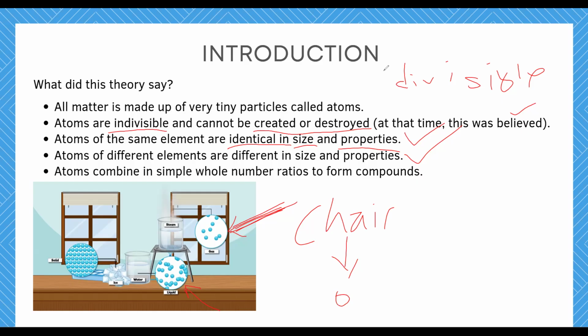Let's say this is the atom that makes up the chair. Give me another example of any matter you know. Pencil. Pencil, very good. If I take one atom from this pencil and I take another atom from the chair, the atom of the pencil is going to be different from the atom of the chair. So just for the sake of illustrating, you can see that the color over here is different from the color over here, right?